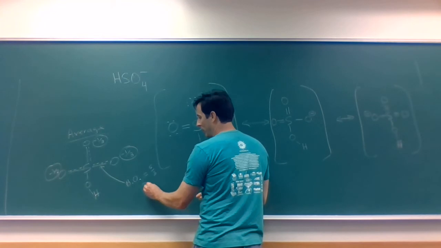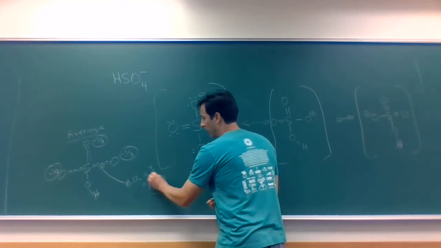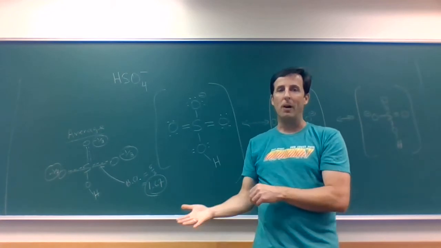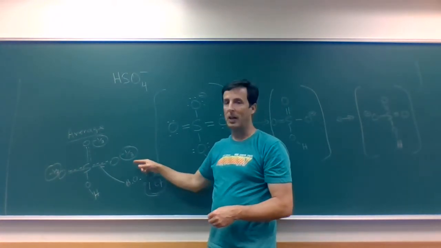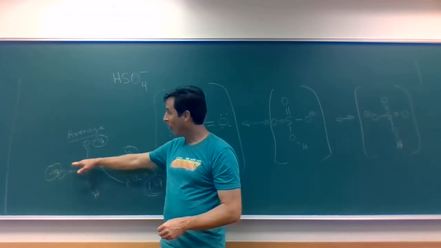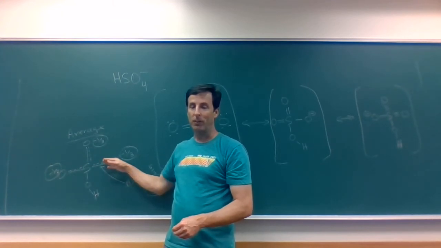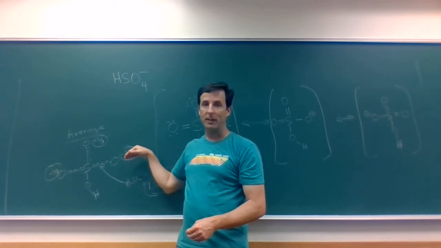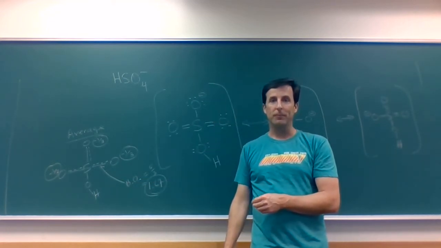The bond order is going to be 1.67. So it's like 1 2/3 bonds between the sulfur and each oxygen. Again, all three of these oxygens are equivalent to each other in how they're bonded to the sulfur and how much charge each one carries. So that would be my average resonance form that I'm looking for.